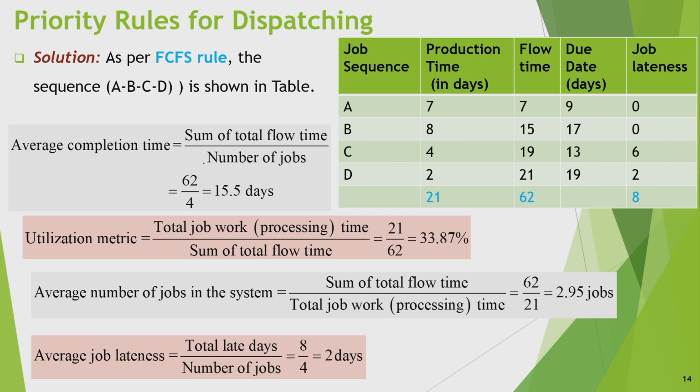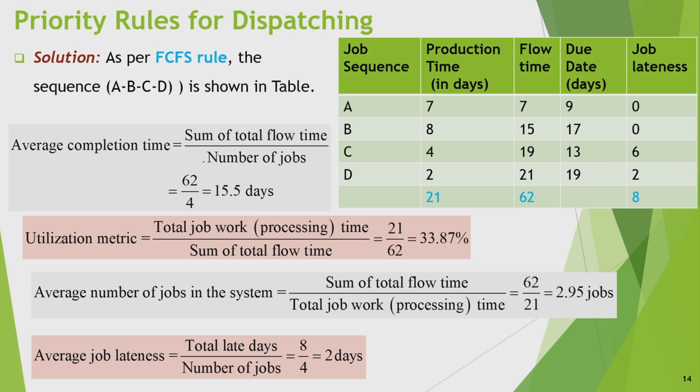Total processing time is only 21, but total flow time is 62. So 21 by 62 in terms of percentage, you multiply by 100 and you get 33.87 percent.